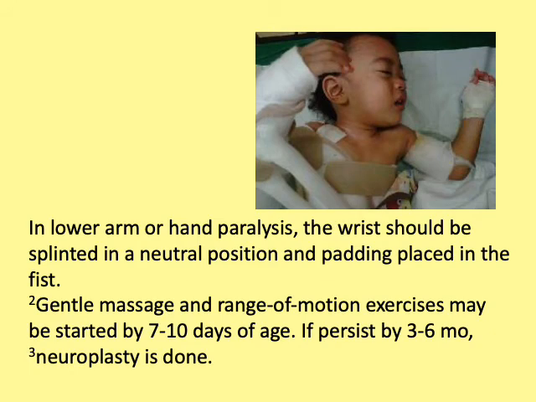Number two, there should be gentle massage and range of motion exercises, to be started within the 7th to 10th day of life. And if the condition persists by the 3rd to 6th month of life, then neuroplasty is to be conducted.